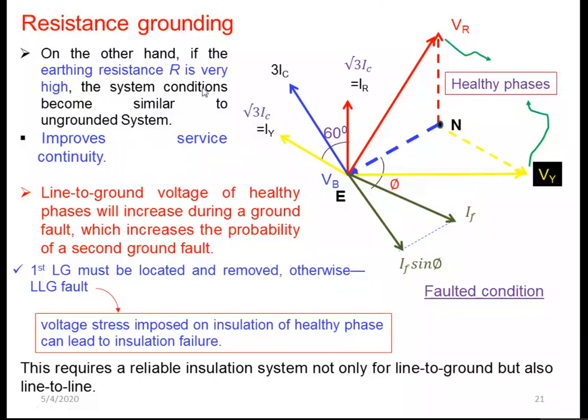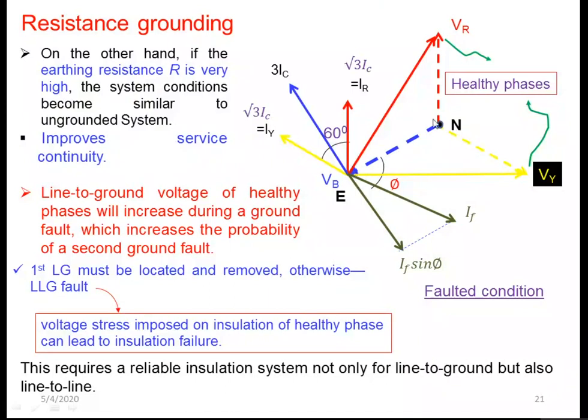as you find here, for the case of high resistance grounding, the situation is very similar to an ungrounded system. If you refer to the ungrounded system and this phasor, and one of the phases is grounded, then there is a collapse of the fault phase voltage to zero. This is the fault phase voltage, and it collapses to zero.